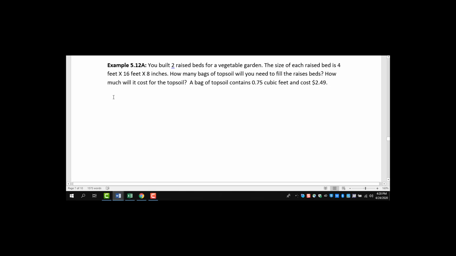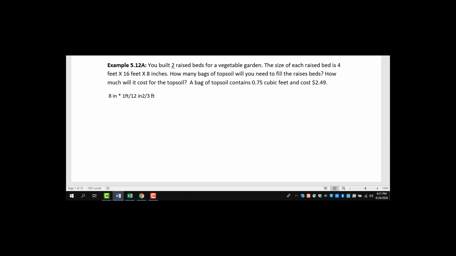So the 8 inches, I'm just going to change into feet. And that's just 8 inches times 1 foot over 12 inches. By dimensional analysis, the inches cancel. I get 8/12, which is the same as 2/3.